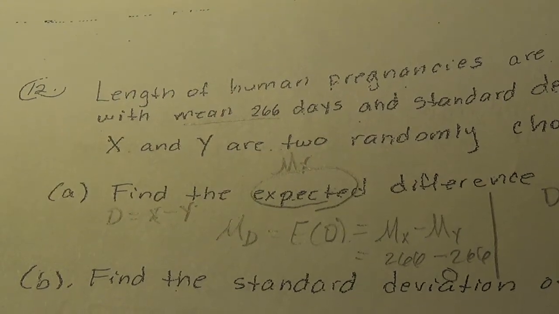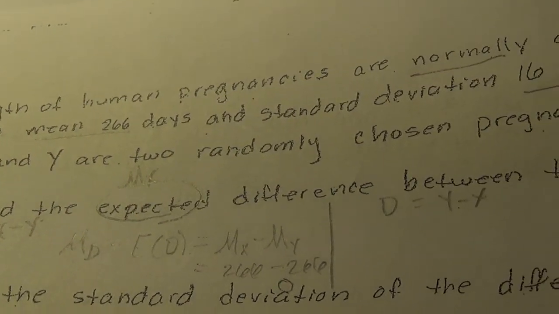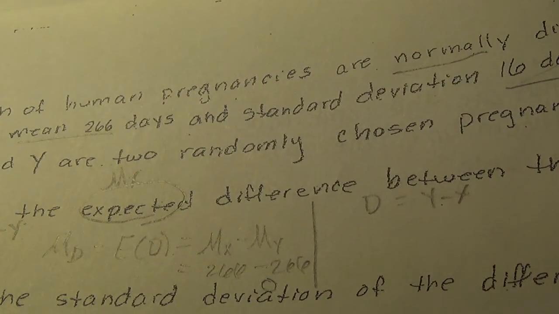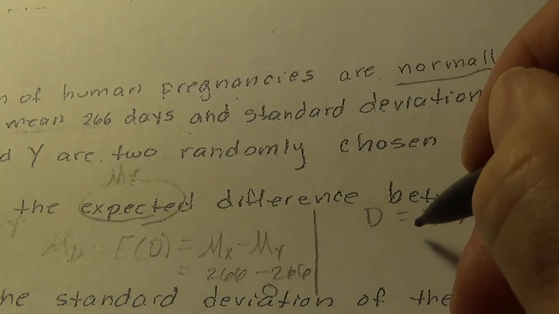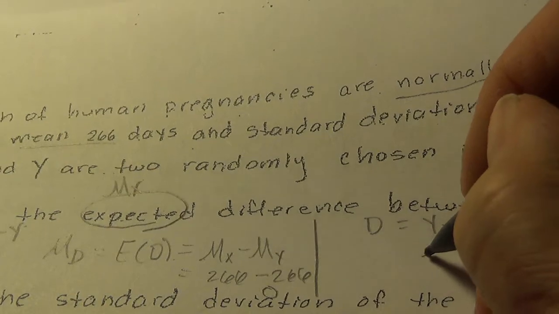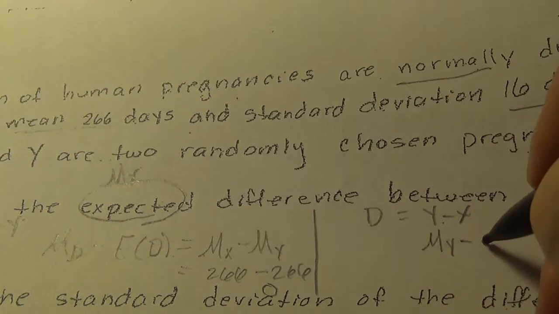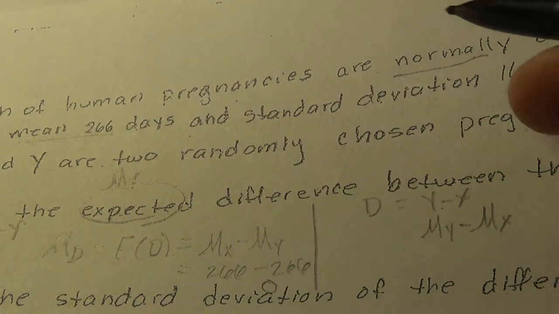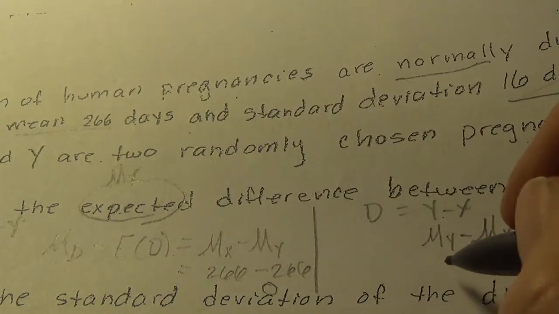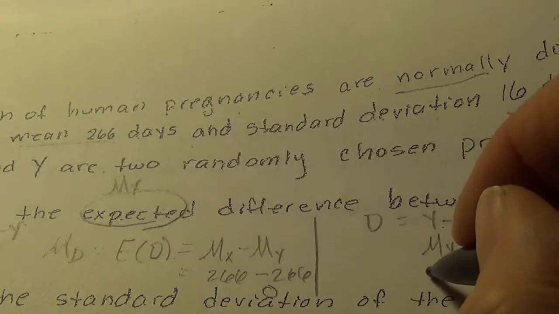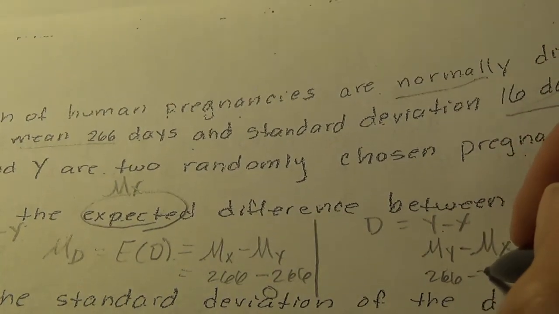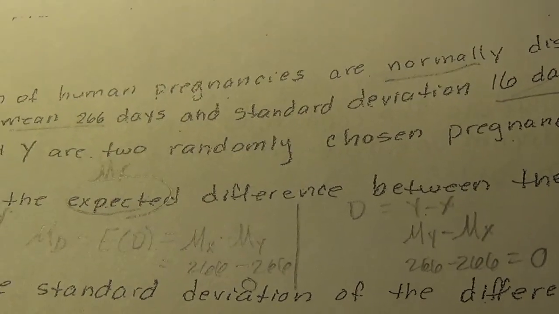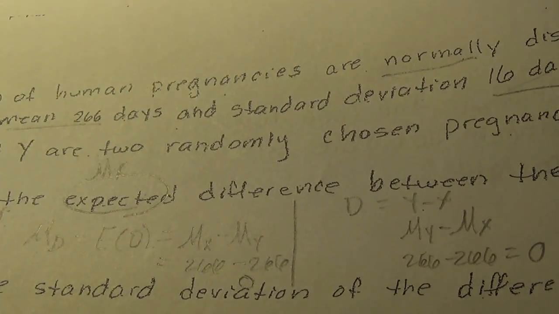But since they didn't say, did I mean X minus Y or Y minus X, I'm going to do both of them to cover my bases. So this one, I'm going to do the expected value of the Y pregnancy minus the expected value for the X. But any human pregnancy, according to this data, has a mean of 266 days minus 266 days, so I get 0 again. So that's how I handled that one.